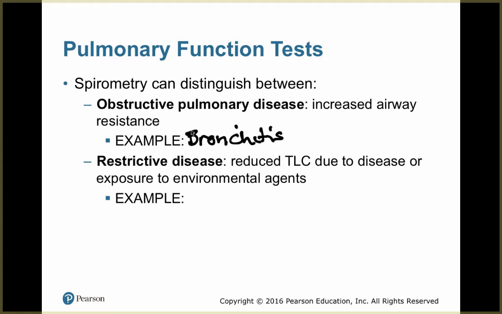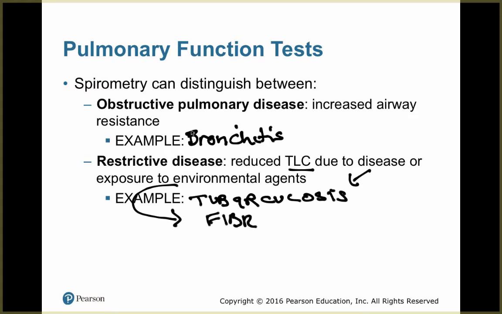Now, restrictive disease is the reduction of the total lung capacity. And this is due to disease or exposure to environmental agents, right? So in disease, you're looking at things like tuberculosis, right? When we're looking at environmental agents, we're thinking of things like fibrosis.